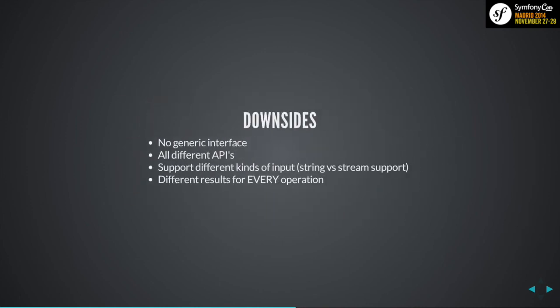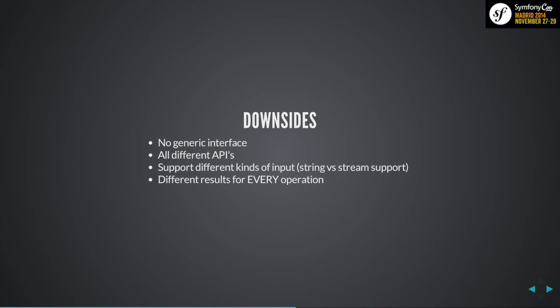So that's more downside, really. We have no generic interface. All the methods are different. We have all different APIs. As I said, with FTP, they don't support strings, so you have to know about the file system a little more in order to be able to talk to it. And we only looked at the calling part, but we haven't looked at the result even.